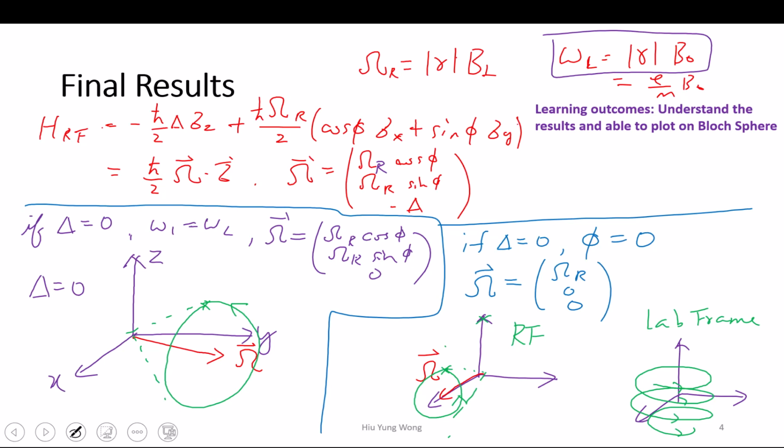Is this okay? While in the rotating frame, you just see that it's rotating about the x-axis, but the lab frame is actually precessing downward. This is just very much like the rapid oscillation we saw for the linear magnetic field.